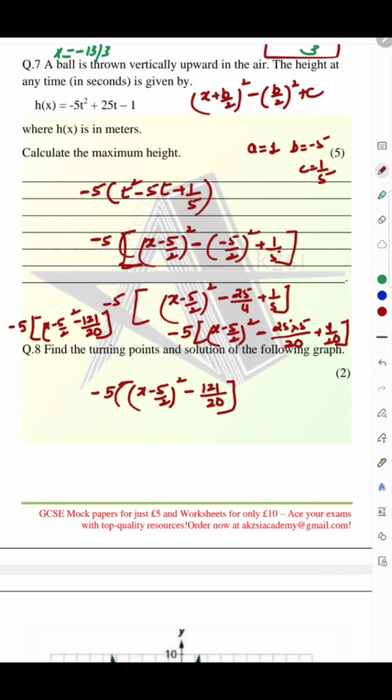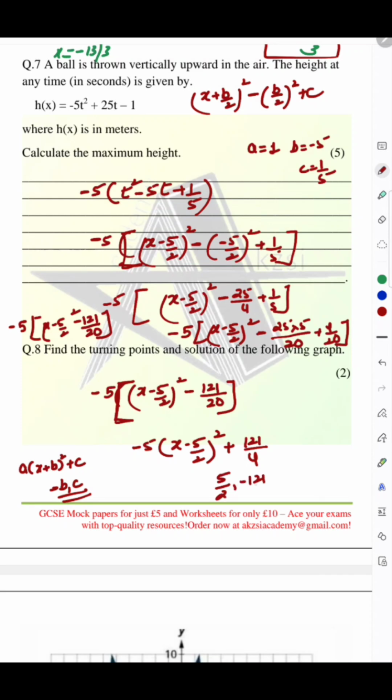Obviously I need to multiply minus 5 with every term. I'll get minus 5 times x minus 5 by 2 whole squared plus 121 by 4. Once you convert it into the vertex form, which is a times x plus b whole squared plus c, minus b comma c is always your turning point, which in this case is 5 by 2 comma 121 by 4, and this is your turning point.